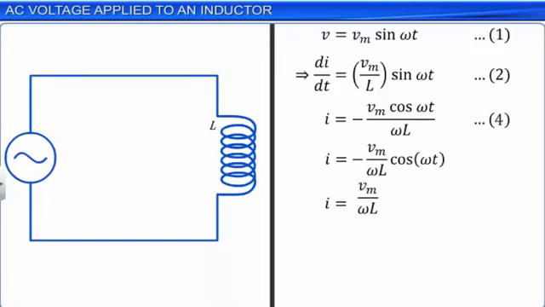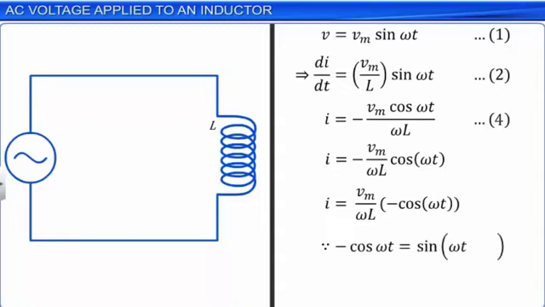Writing minus cos omega t as sin omega t minus pi by 2, we get I equal to Vm by omega L into sin omega t minus pi by 2. Let this be equation 5.